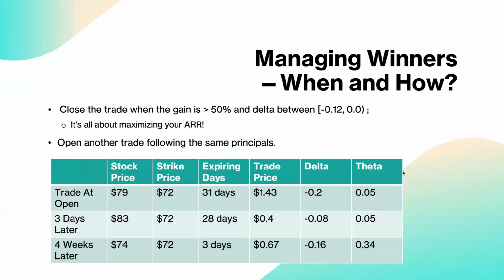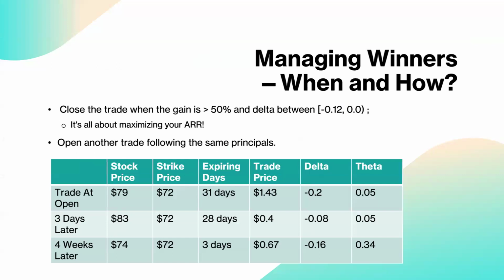If your trade wins, that's cool and fun. And if you always think about your trade ARR, you can be even more on top of your game. My simple technique is to close the trade when the gain is larger than 50% and delta larger than minus 0.12.